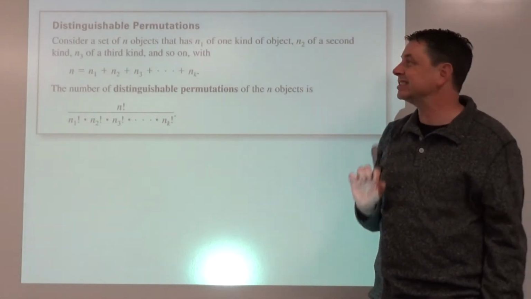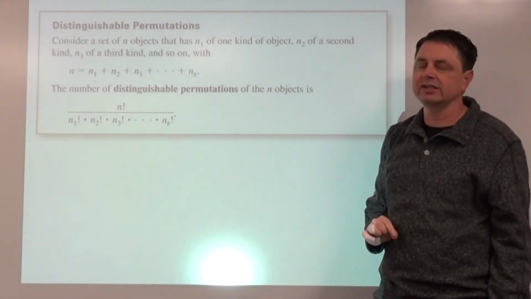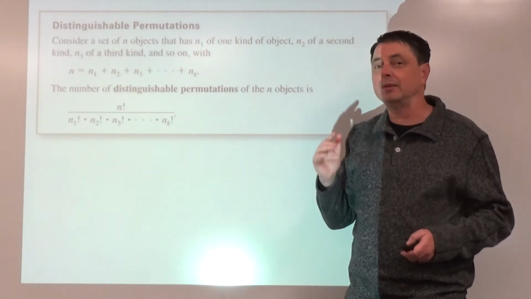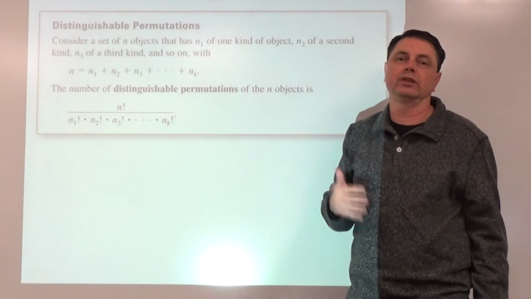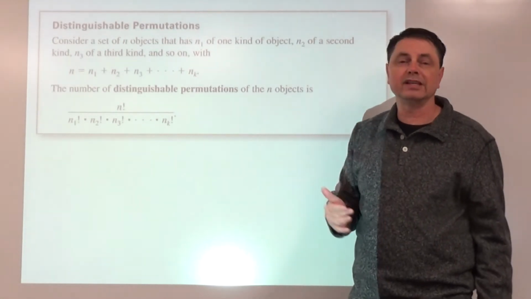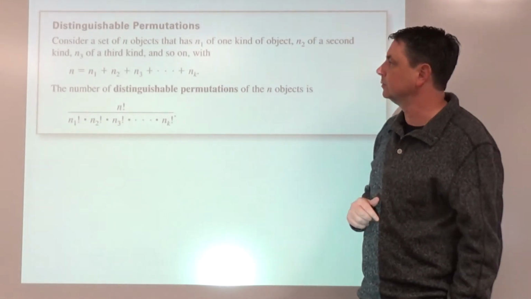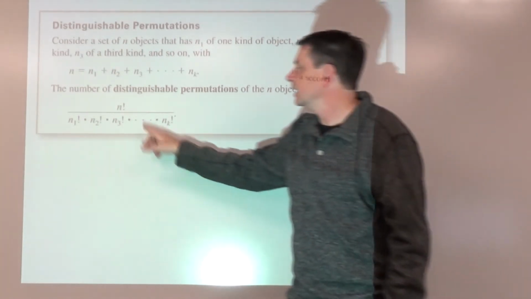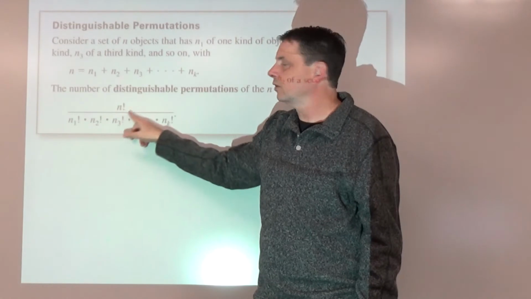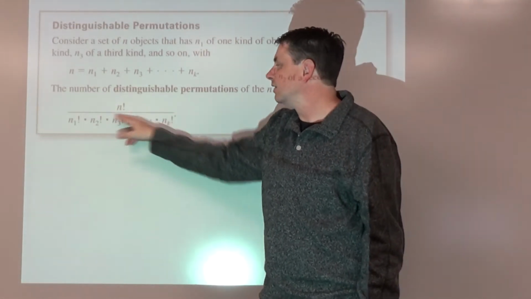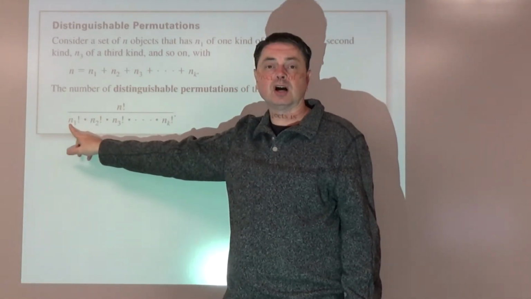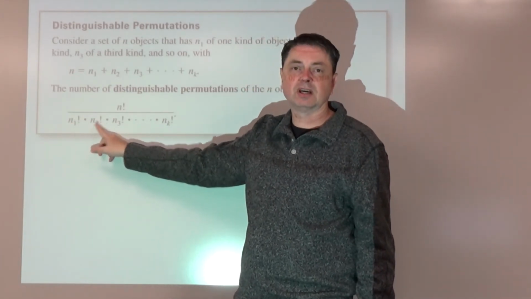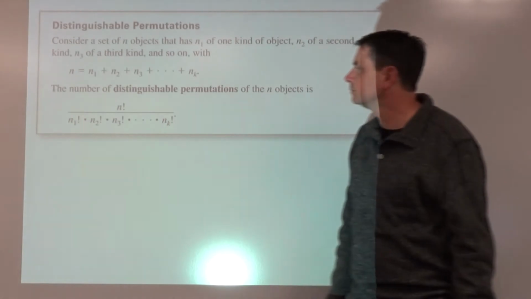Now, distinguishable permutations are when we're looking at a group of objects and maybe there are some copies within there, some of the elements that are identical. The way that we do distinguishable permutations is the number of items that we're choosing from, divided by how many copies there are of one of them, factorial, times how many copies of another, and so on.